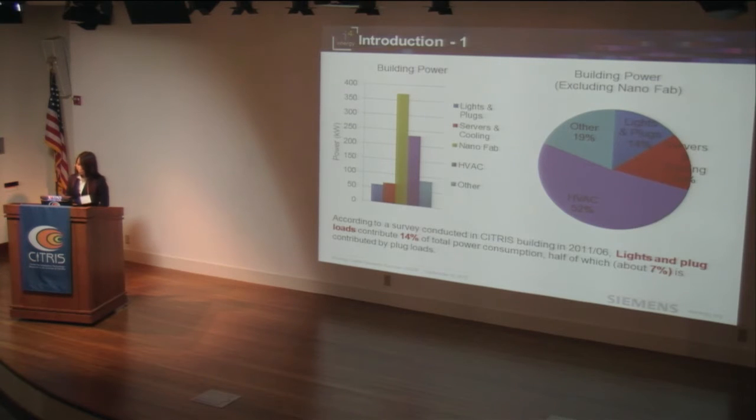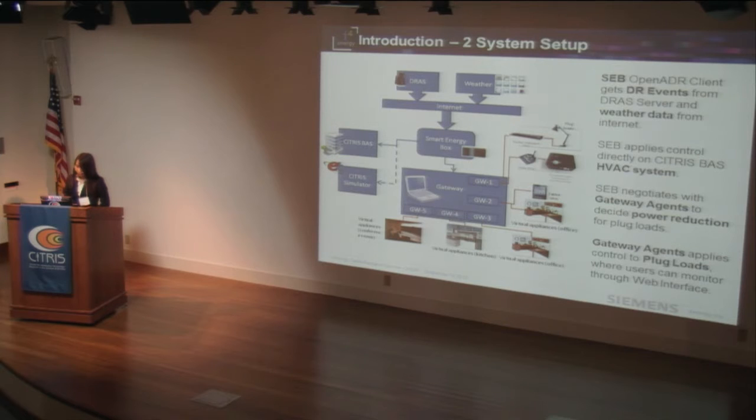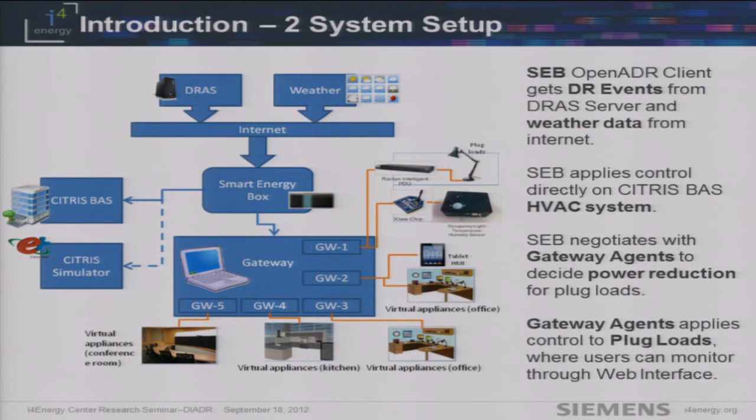So if it's necessary to control the plug loads, how do we do it? Here is the setting for the demo we just did upstairs. We want to control those plug loads, but we want to control them smartly. What do I mean by smart? I want to enable two aspects of this controller.